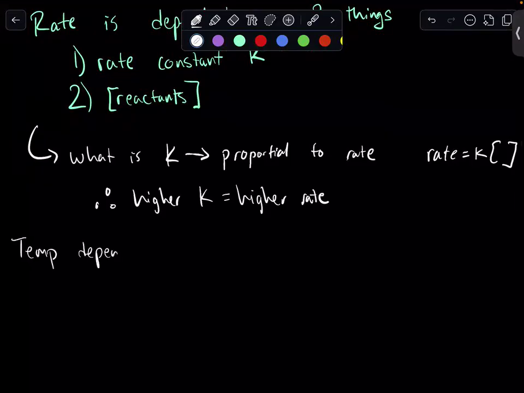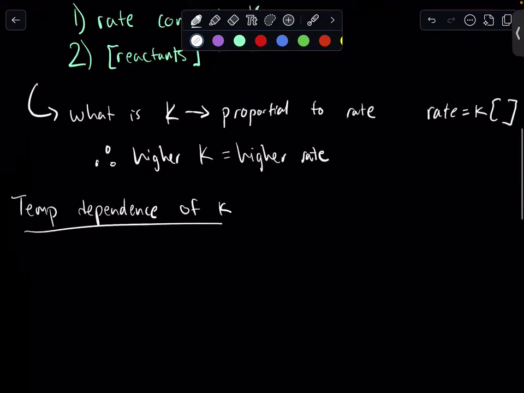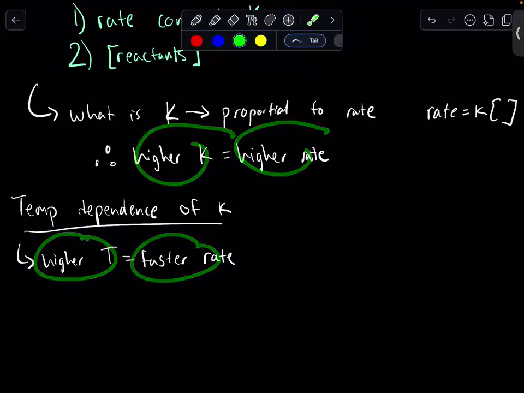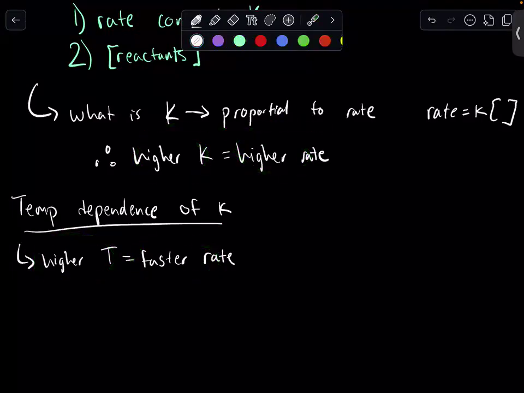Temperature dependence of K. We can talk about this in two different ways. Now, we generally know that a higher temperature is going to relate to a faster rate, and if higher temperature is faster rate and faster rate is higher K, then a higher temperature must mean a higher K. But we know that temperature does not change concentration of reactants.